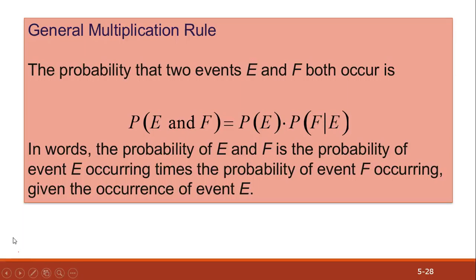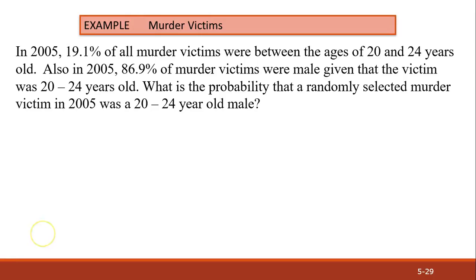So back to here, we're going to use this general multiplication rule in our next example, our last one also. Our last example deals with murder victims again. It says, in 2005, 19.1% of all murder victims were between the ages of 20 and 24 years old.